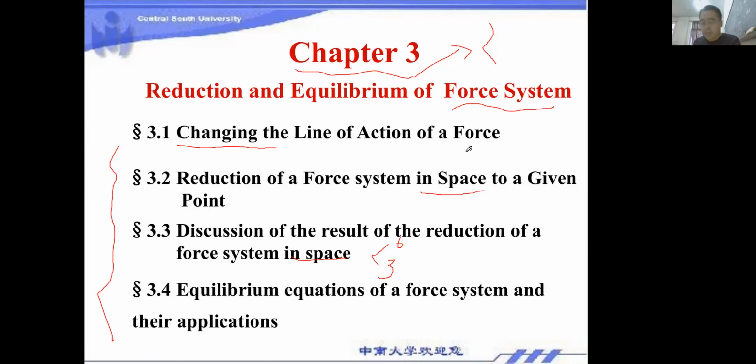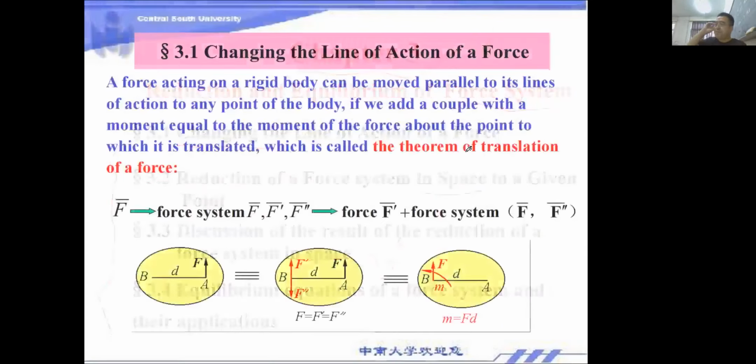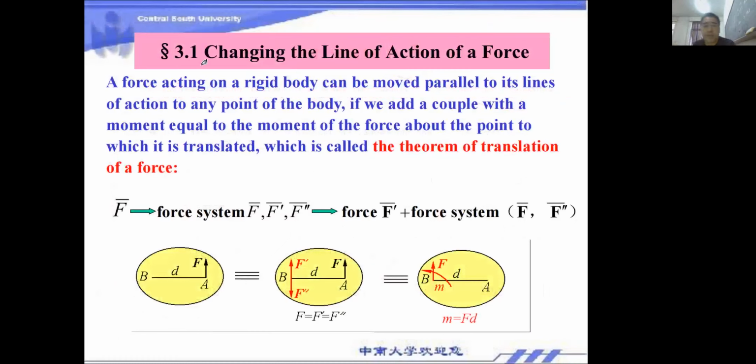So let's continue. The first section tells us how to change the line of action of a force. Why should we change the line of action of a force? Why should we do this?